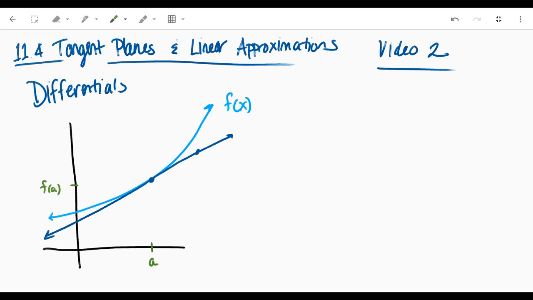So that would also be y of A, right? They're at the same spot there. But then we get a little bit further down here, and we have A plus delta x. And on our line, our y value would be y of A plus delta x.